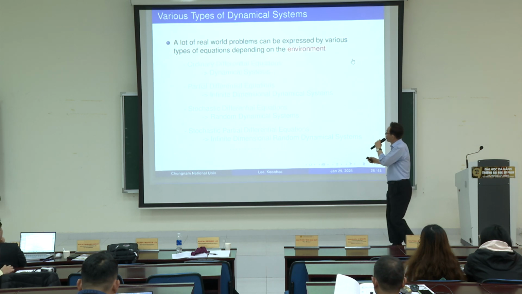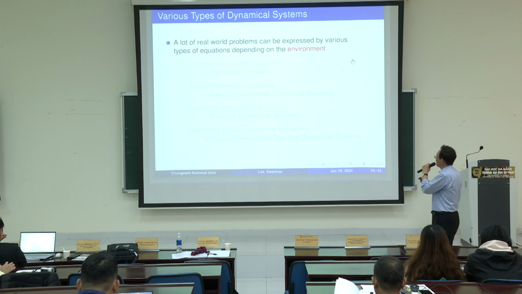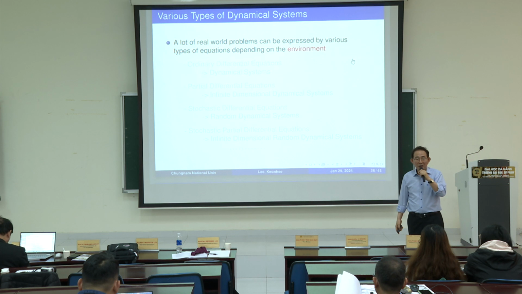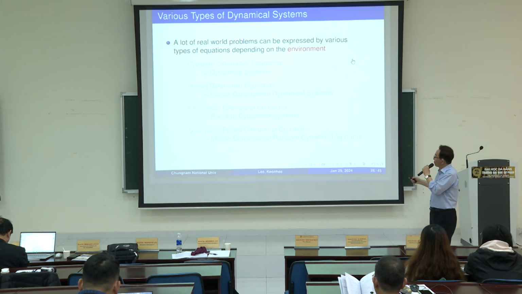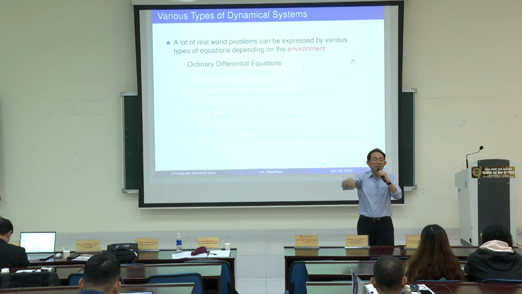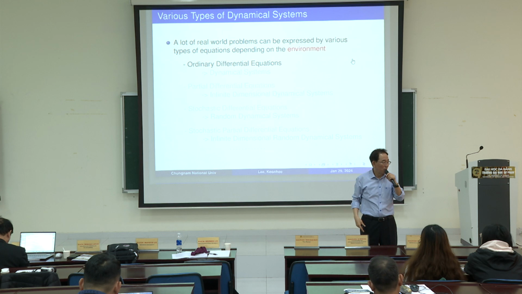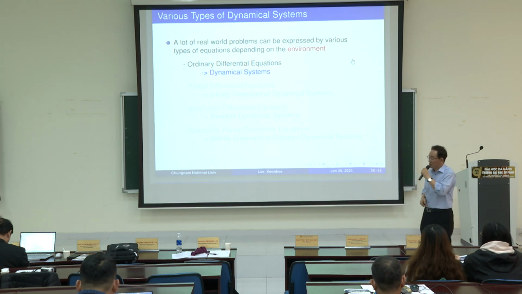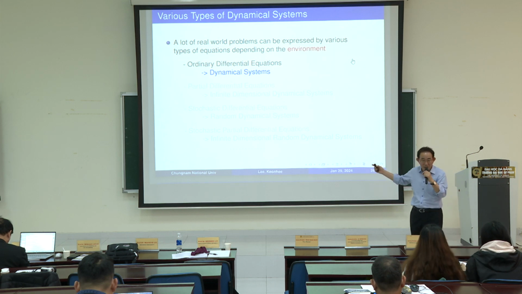A lot of real-world problems can be expressed by various types of equations, depending on the environment. Sometimes an ordinary differential equation is much better to express the real-world problem. ODE is better. From here we can get the dynamical system. This is the abstract concept.